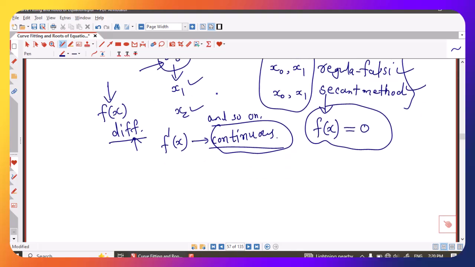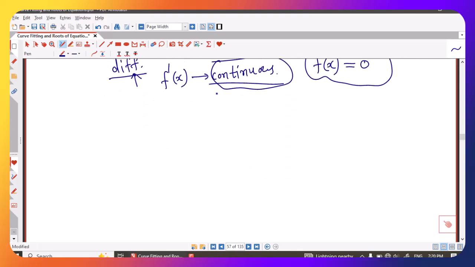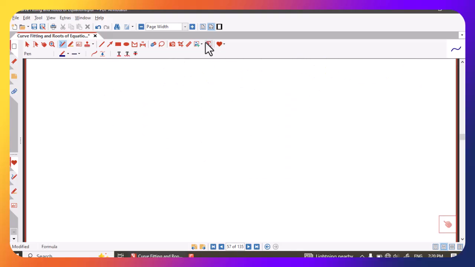Now we understand what the idea of Newton-Raphson method is. Suppose we are given an equation f(x) equal to 0, where we assume that f dash x exists and is continuous, and we want to solve this equation using Newton-Raphson method.